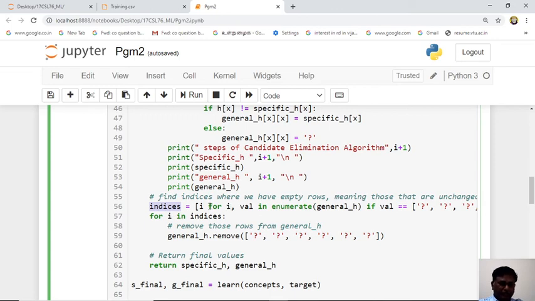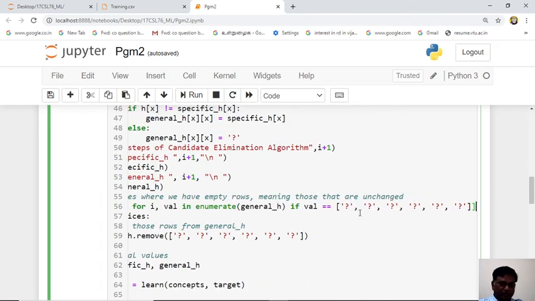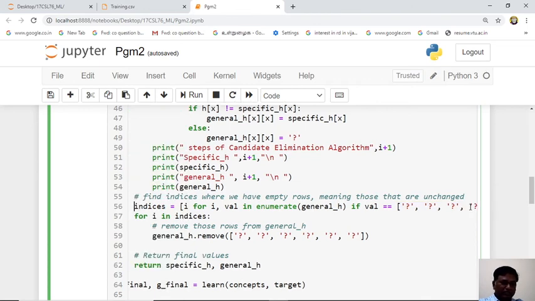Now you see, again one more enumerate for loop. So this for loop, i equal to index, value val. This is doing what? You see, if there are any empty question marks like this, any empty rows, they will be removed. As I told, initially we have done 6 initializations, 6 rows initialized with question mark.